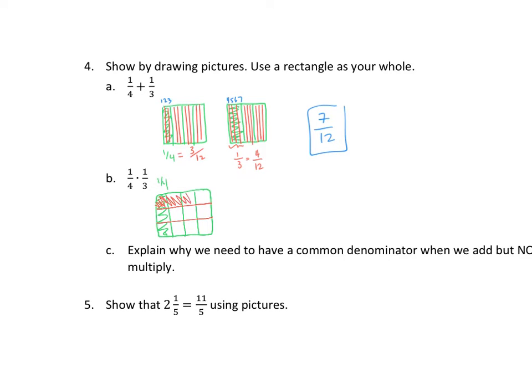I can go all the way through just so I can see the whole broken up in that way, but I really want just 1/3 of the 4ths, so you can see it's going to be that portion, which is 1 out of, but by extending the lines I can see how many equal pieces I have, which is 12. So again, we were like 4 spaces this way and 3 spaces this way. That's why that became a 12, and then only 1 block got filled. So my final answer is 1/12.